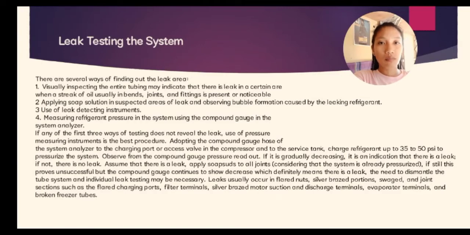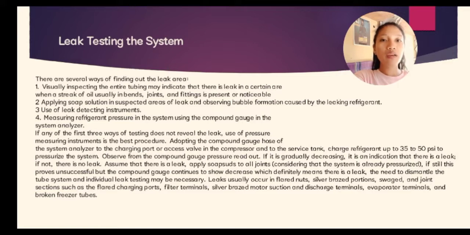Testing the system. There are several ways of finding out the leak area. First, visual inspection of the entire tubing may indicate that there is a leak in a certain area, when a streak of oil, usually around joints and fittings, is present or noticeable.